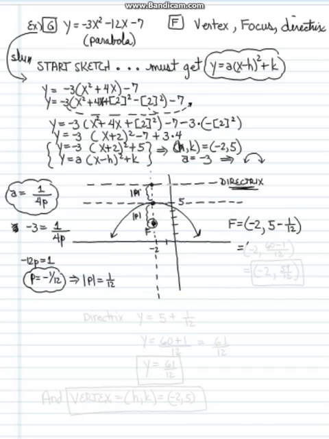So that's equal to negative 2, and then you would have to get a common denominator. 5 times 12 is 60, minus the 1, all over 12. So it's the ordered pair negative 2, comma, 59/12. That's the location of the focus.